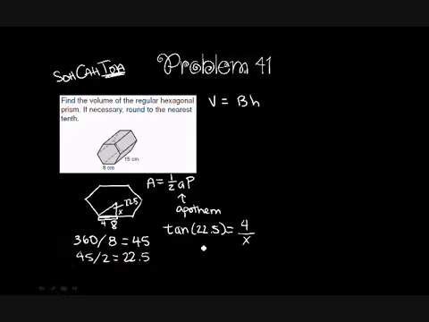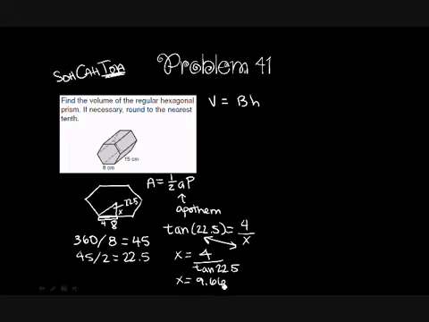Okay, so what we're going to end up typing in the calculator, remember we switch the tangent and the x. So if I divide that in the calculator, what I get is x equals 9.66.